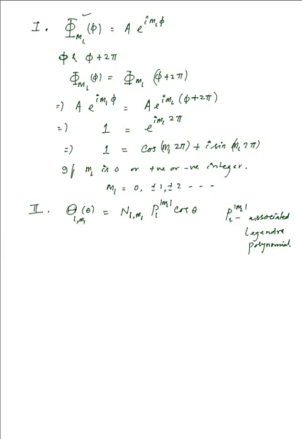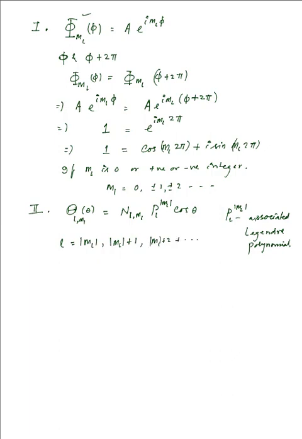This solution is acceptable only if L is an integer equal to or greater than ml. So we have L to be equal to ml, ml plus 1, ml plus 2, and so on.